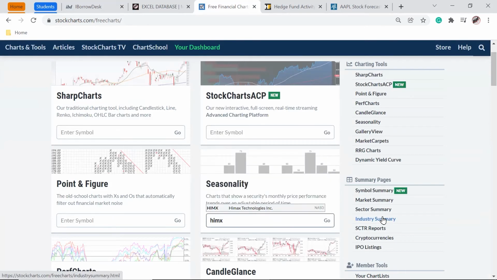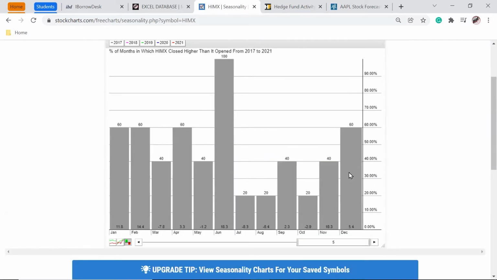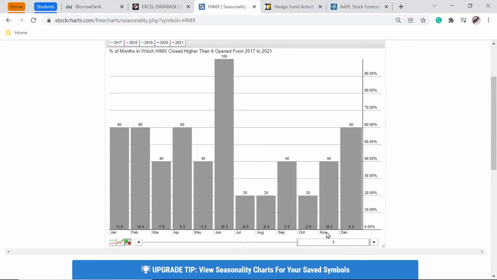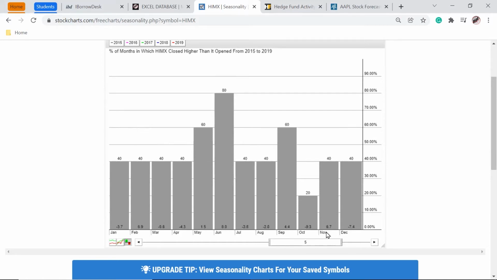Okay, what we see on the chart, we see November, December, usually good months. Okay, take a look at past December, February, again June, May, January, but always December, strong months.